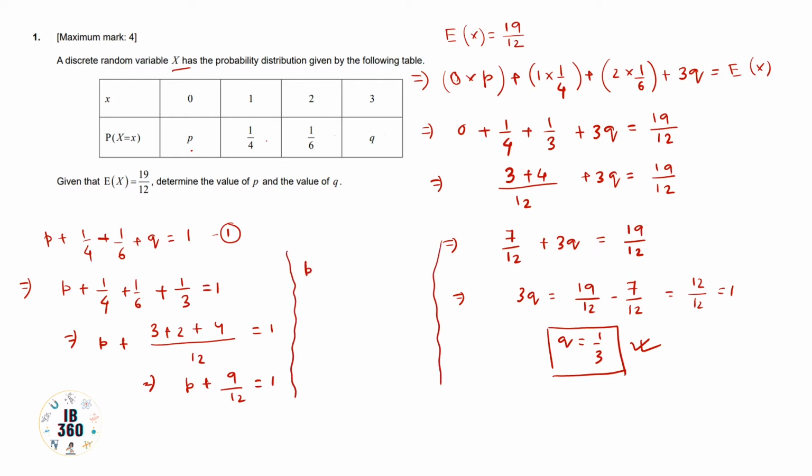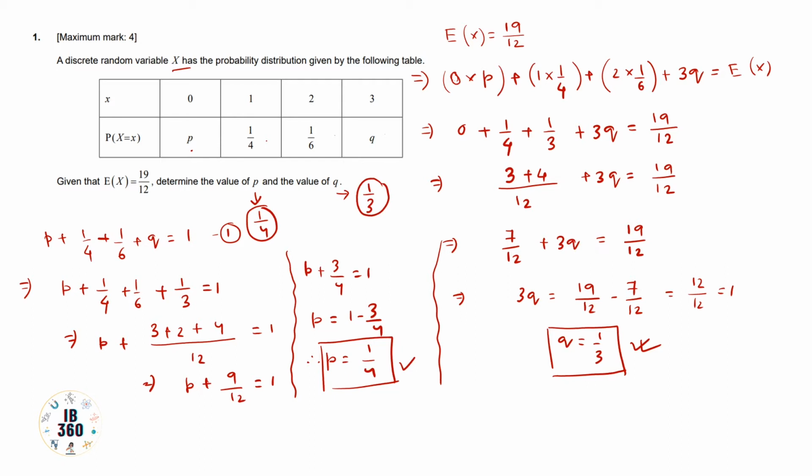So p plus 3/4 equals 1, so p equals 1 minus 3/4. So p equals 1/4. So we have all the values: p equals 1/4 and q equals 1/3. So the first question is done.